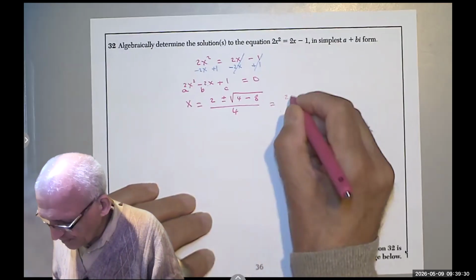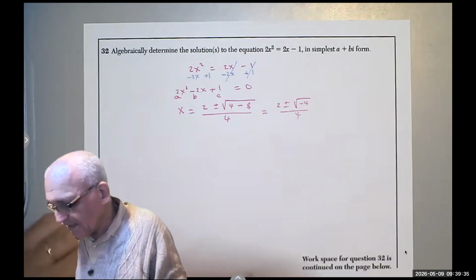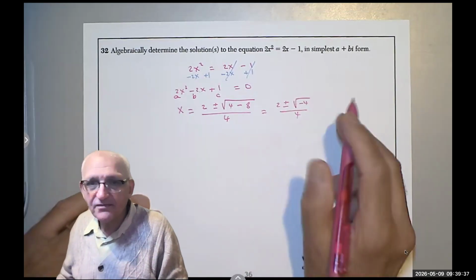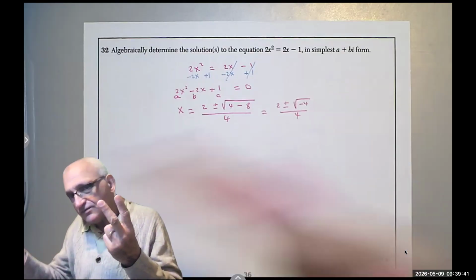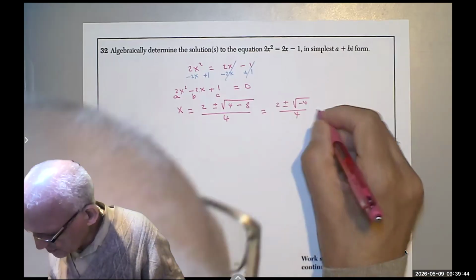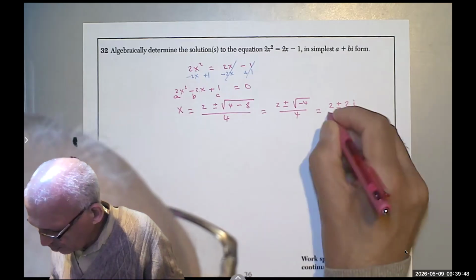So this is 2 plus or minus the square root of -4 over 4. The square root of -4 is the square root of 4, which is 2, times the square root of -1, which is i. So this is 2 plus or minus 2i over 4.